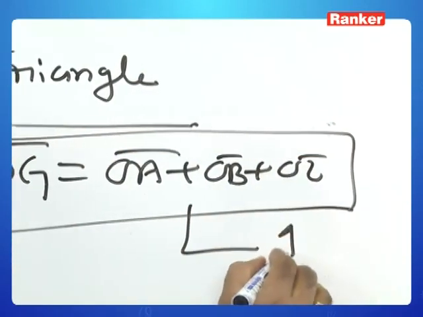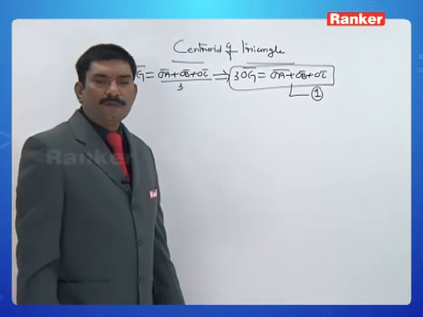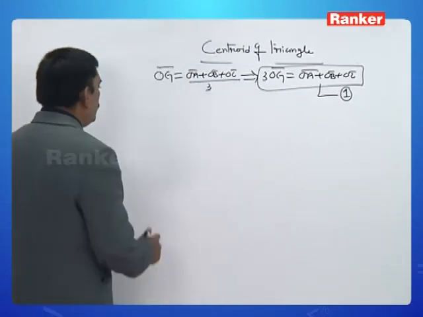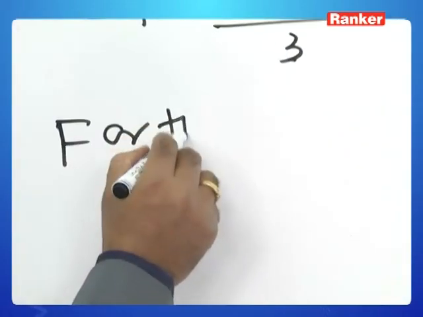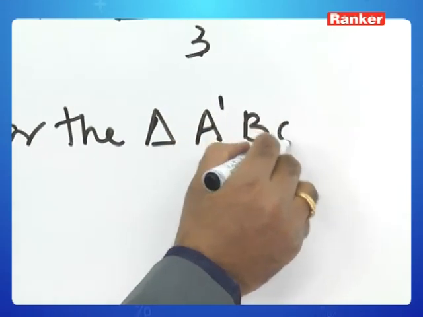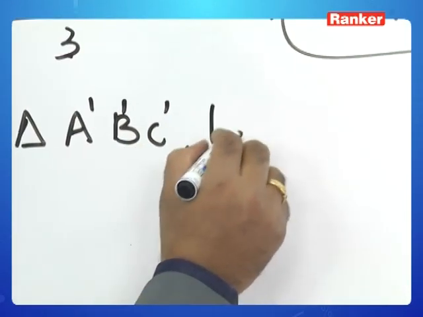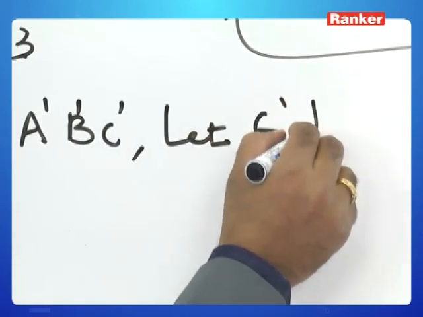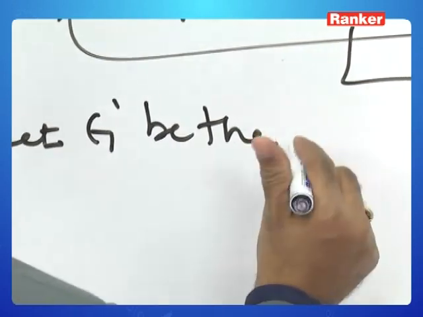Right? So therefore, now similarly, for the triangle A dash, B dash, C dash, let G dash be the centroid.